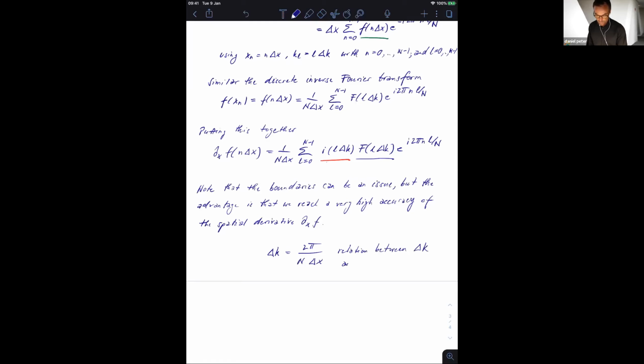Good. Then the second point is about the numerical dispersion of the pseudo-spectral method.